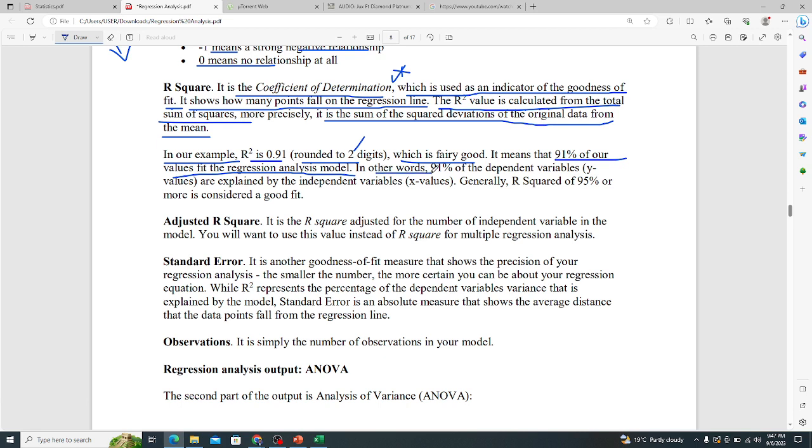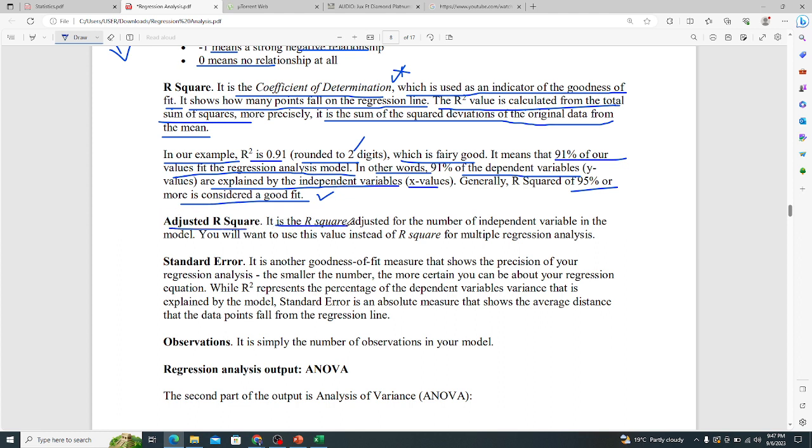In other words, 91% of the dependent variables are explained by the independent variable x values. Generally, an R squared of 95% or more is considered a good fit. Then we have the adjusted R square.